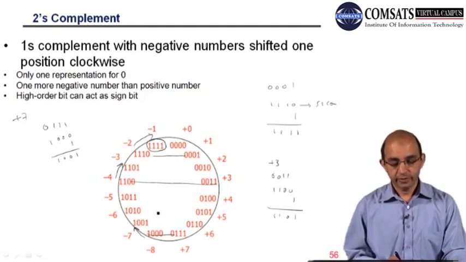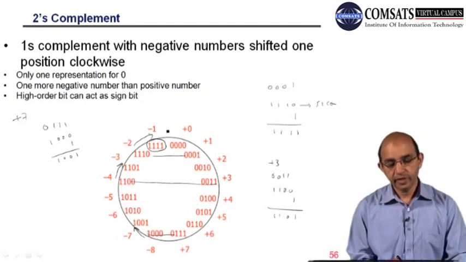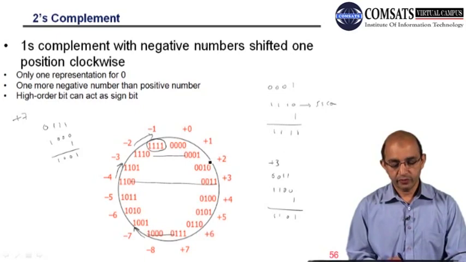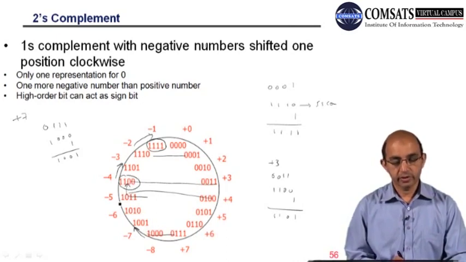So instead of doing all this stuff, we can simply have a mechanism where we draw the straight line. For example, if I want the twos complement of plus 4, this is 1 0 1 1, and then I move one position upward, and this is the required result.